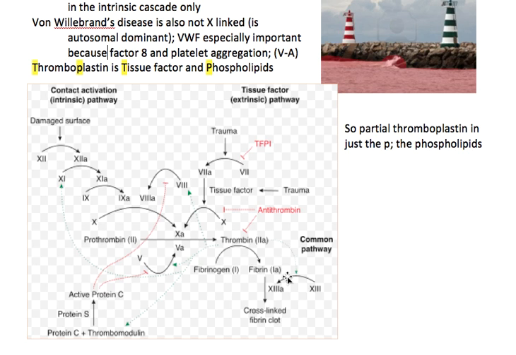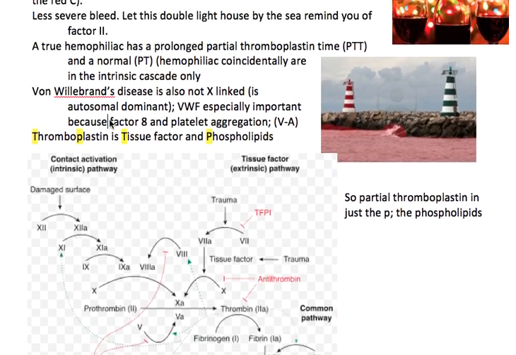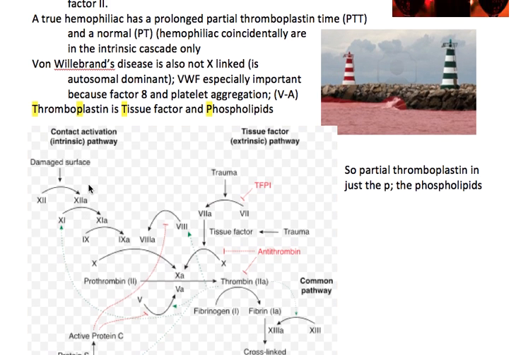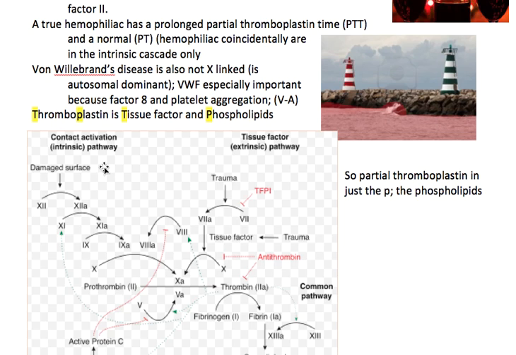And basically what von Willebrand factor is, is a glycoprotein, and like I said, it's important for factor 8. As we remember, factor 8 is a cofactor for factor 9, so that's going to affect, again, the intrinsic pathway. So all these hemophilias are affecting the intrinsic pathway, and therefore a true hemophiliac is going to have a prolonged partial thromboplastin time and normal PT time.